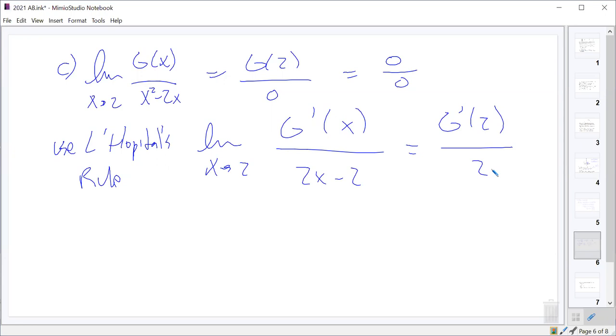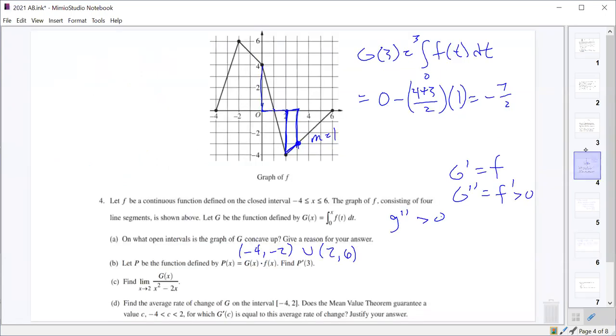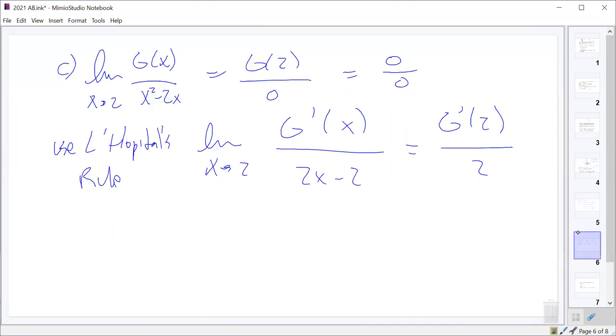And what is g prime of 2? That'd be f of 2, which is negative 4. Good or no? Looks good. Zoom, are you good? Yes. Great.